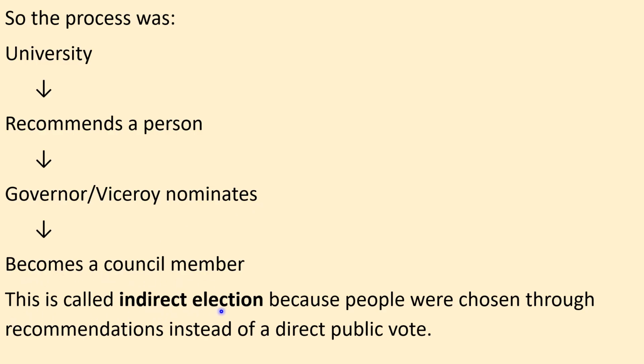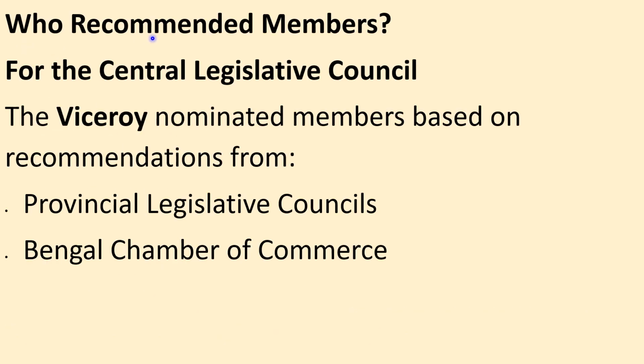This is called indirect election because people were chosen through recommendations instead of a direct public vote. Who recommended members? For the Central Legislative Council, the Viceroy nominated members based on recommendations from provincial legislative councils and Bengal Chambers of Commerce.